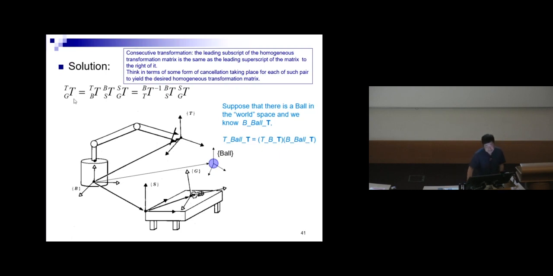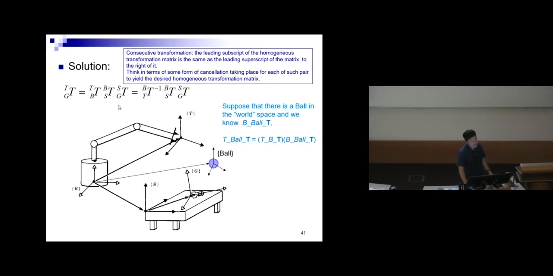Your TGT is equal to TBT multiplied by BXT multiplied by XGT. I have mentioned that the leading subscript of the homogeneous transformation matrix is the same as the leading superscript of the matrix to the right. So this one and this one are the same, so this cancels off, this cancels off, and you end up with TGT. So you can form a consecutive transformation in this manner.